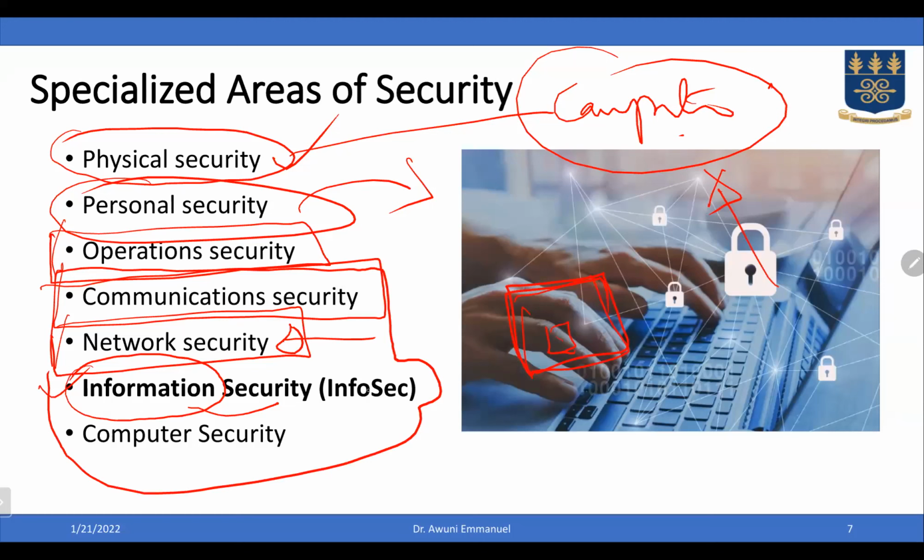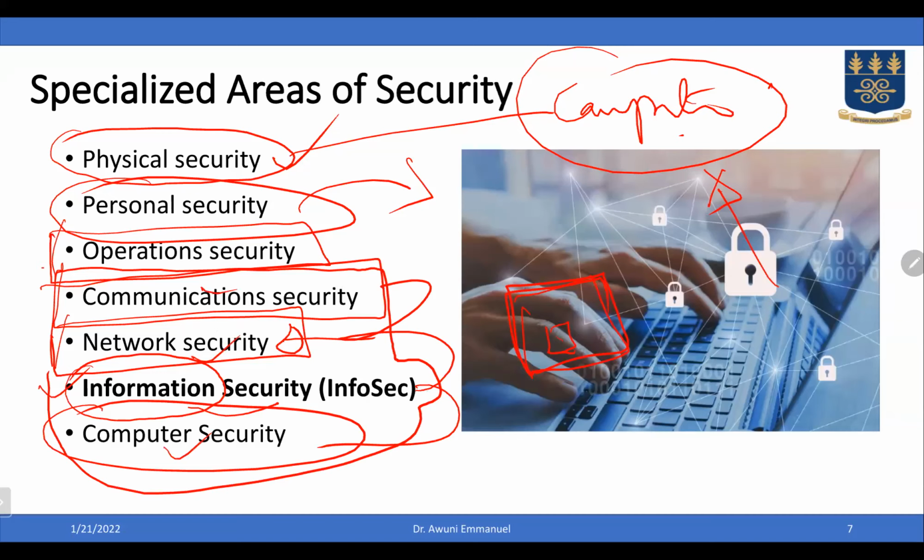So nowadays, information security subsumes network, communication, and computer security. You remember I said earlier the focus was only on computer security. But now you have information security, which subsumes computer, network, and communication.